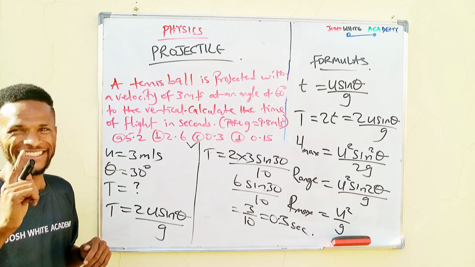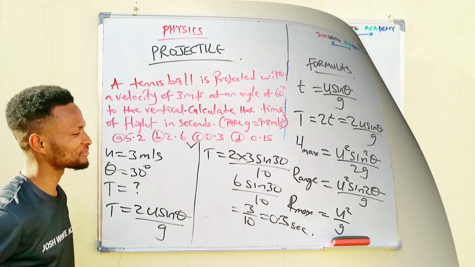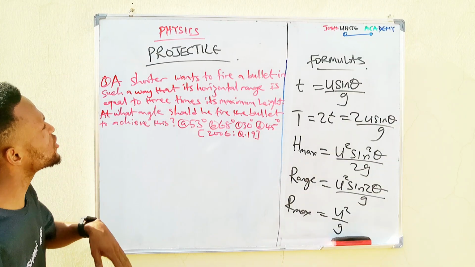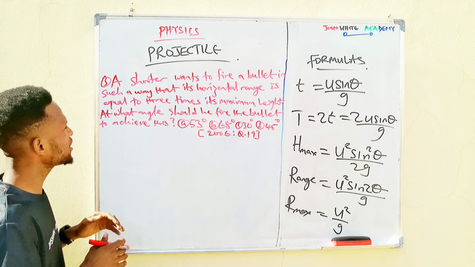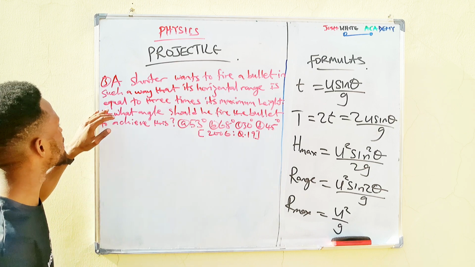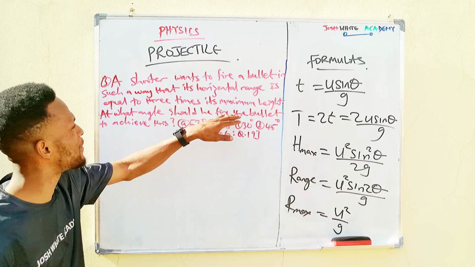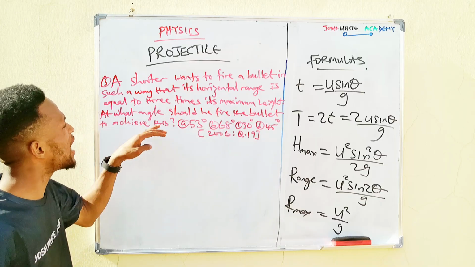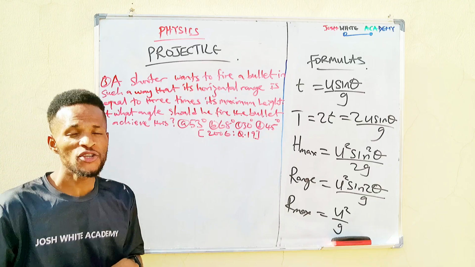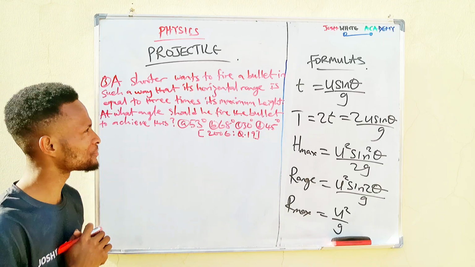So let's take the last question. And now, finally, a shooter wants to fire a bullet in such a way that its horizontal range is equal to 3 times its maximum height. At what angle should he fire the bullet to achieve this? So now, please take note.